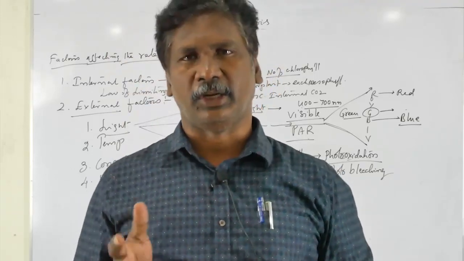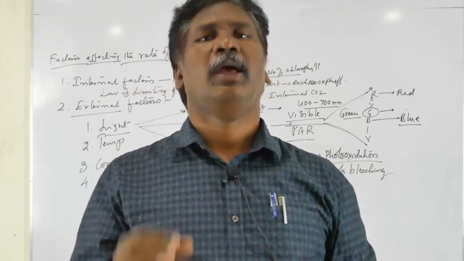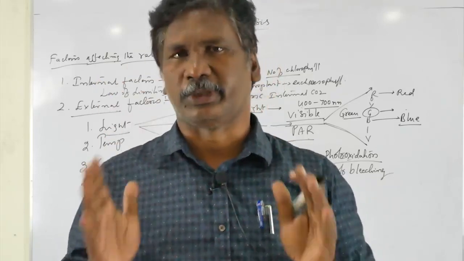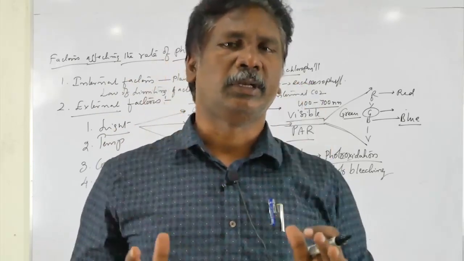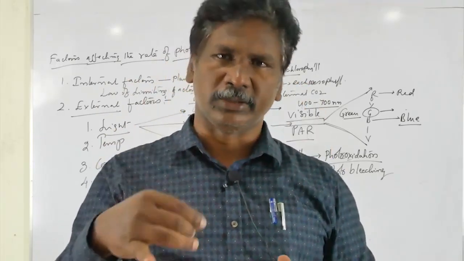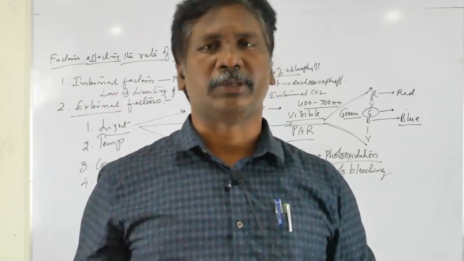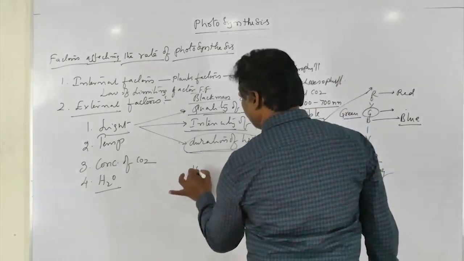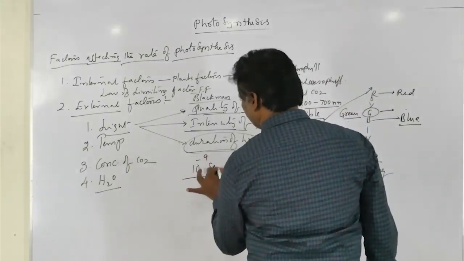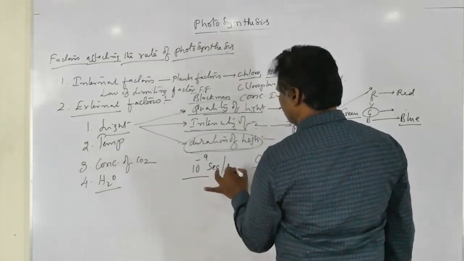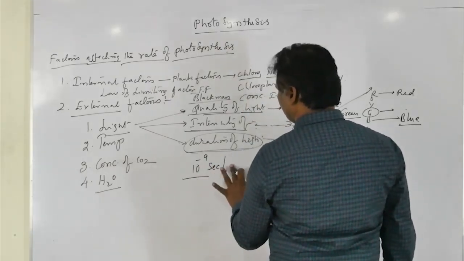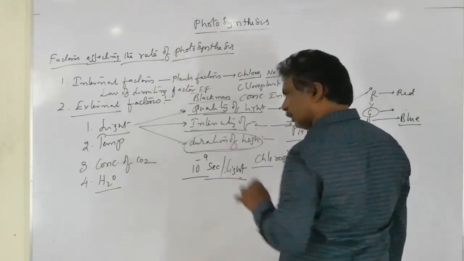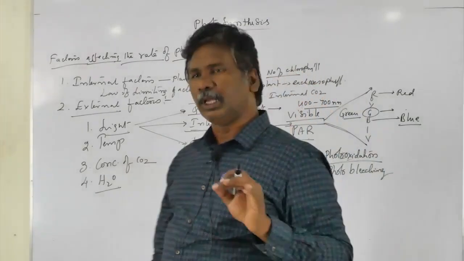Because that light is essential only for the activation of the electrons, only for the activation of the chlorophyll A molecules present within the reaction center. Light energy is needed for the chlorophyll molecules in the reaction center to be activated. So only a nanosecond of light duration is enough for the activation of the chlorophyll A molecule.